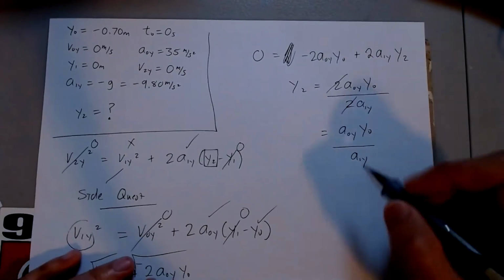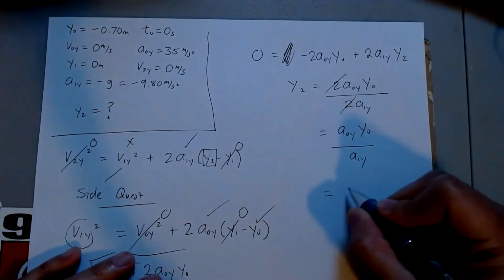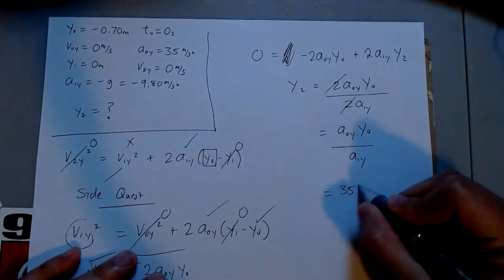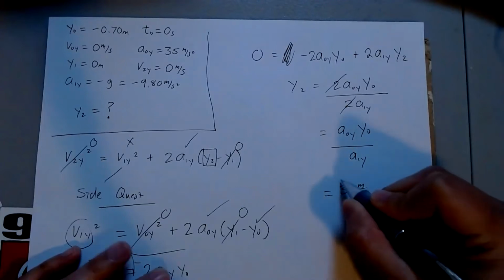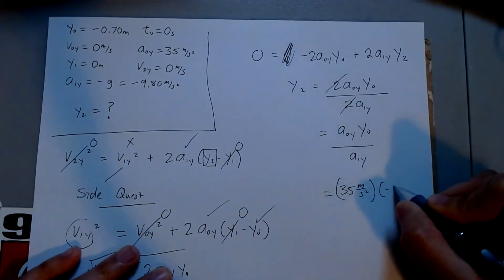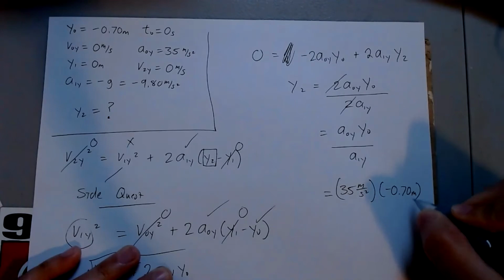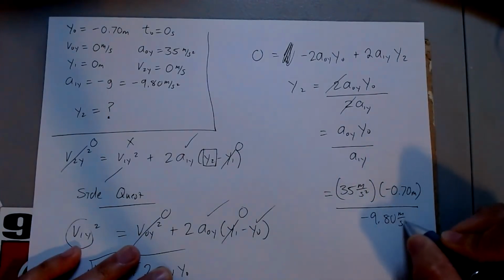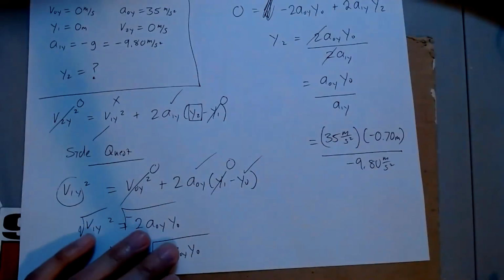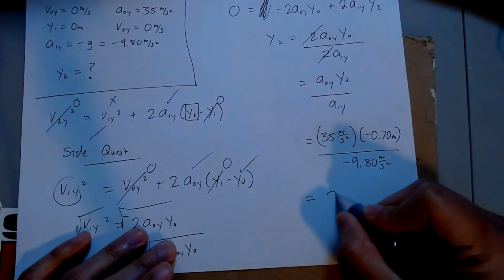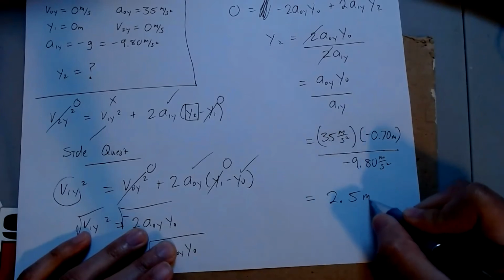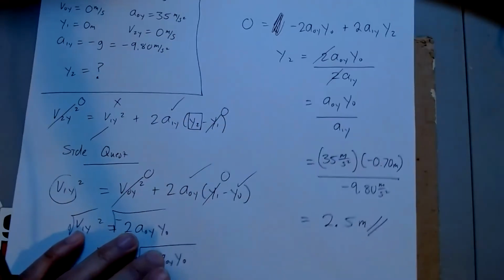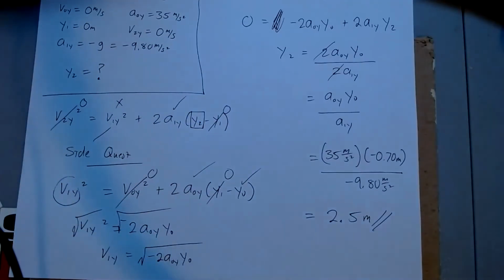Once we plug in the numbers and put it into our calculator, we get a nice, pretty 2.5 meters. And that's your final answer. That is the Y2 that we are trying to look for when the antelope has reached his highest position.